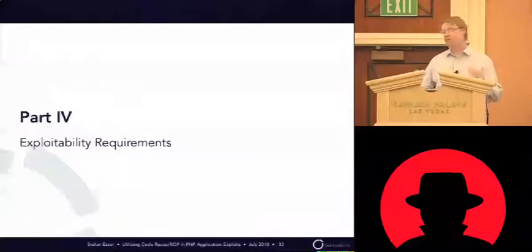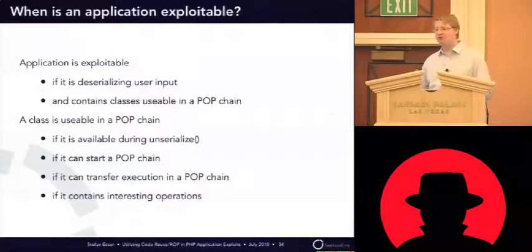So these were the vulnerability classes that could allow attacks against unserialize, but to do property-oriented programming, you need more. First of all, you need this deserializing of malicious input, but you also need classes that are usable for your POP chain, your property-oriented programming chain.